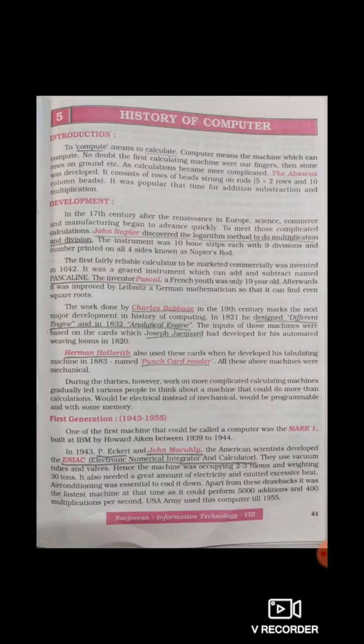Further on, there was a person named Leibniz, who was a German mathematician. I correct myself. Leibniz enhanced Pascaline so that it could even find square roots. So the abacus was introduced first as a calculating machine. Then came the logarithm method. Then came Pascaline.